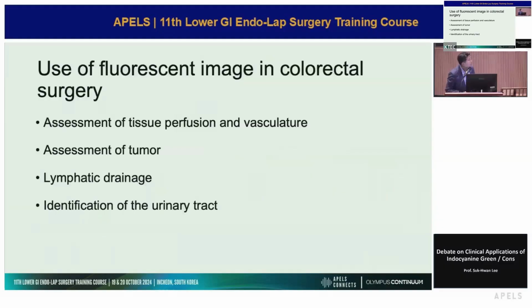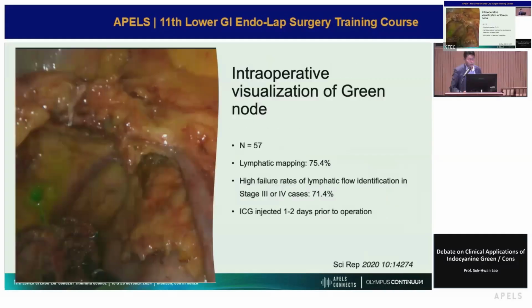And then there is some new technology, ICG, and there is some report from Japan, I think, with 57 patients, where lymphatic mapping was available in 75% of patients.